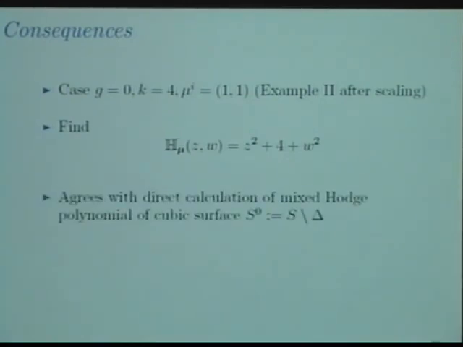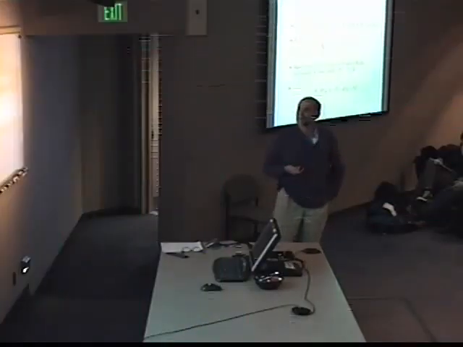And this matches with the concrete calculation directly from the fact that this is a cubic surface minus 3 lines, with a bit of combinatorics of how these mixed Hodge structures work. You also find that this agrees with the previous statement. So, for example, concretely, the mixed Hodge polynomial of this open cubic surface is this.